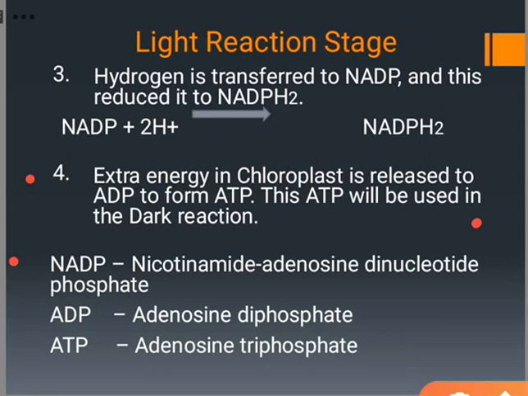Now, the full meaning of ADP is adenosine diphosphate, and ATP, which is biological energy, is adenosine triphosphate. So the form of energy that drives biological systems is adenosine triphosphate, because it's a stable form of energy.